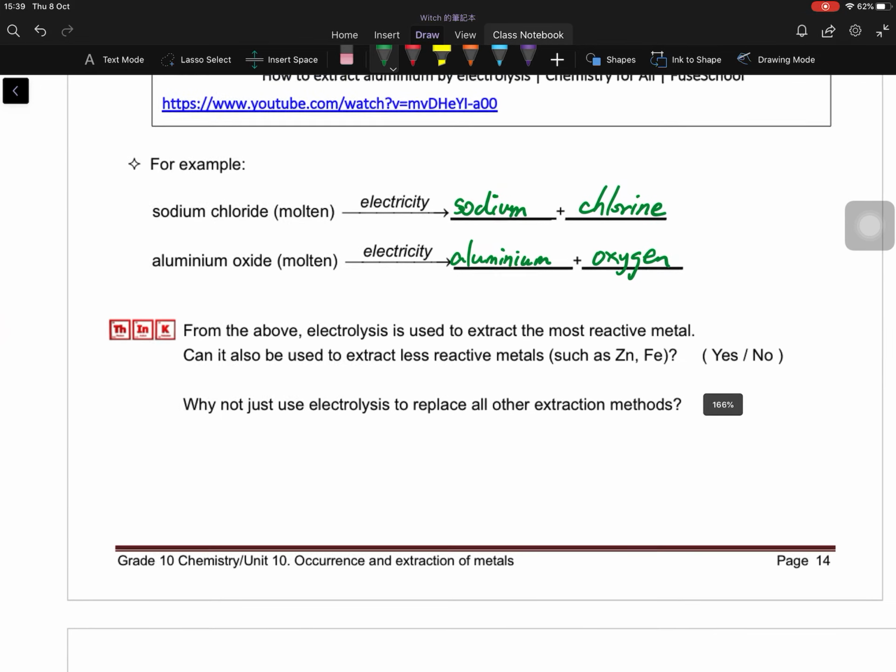Now, you can see electrolysis can be used to extract not only reactive metals but all metals. It is wonderful, right? But the point is, we do not use it in all situations because it involves heating and electrolysis, or electricity, which are expensive. This is the most complicated and expensive method.